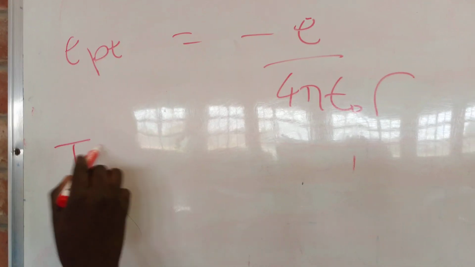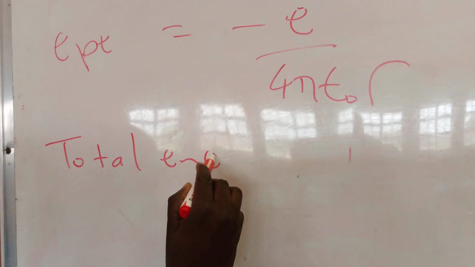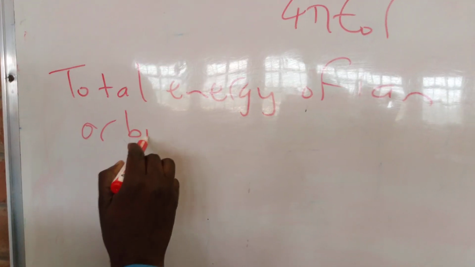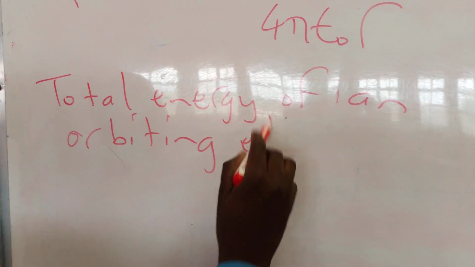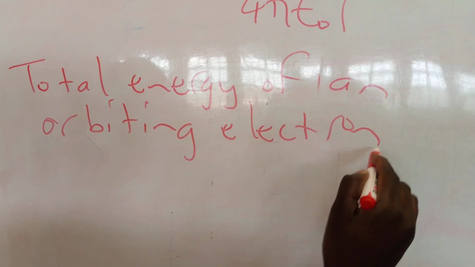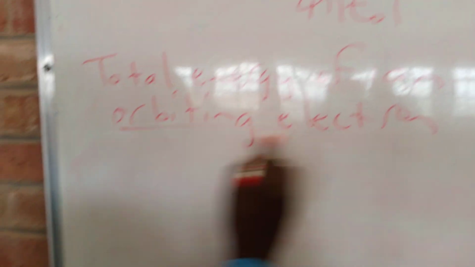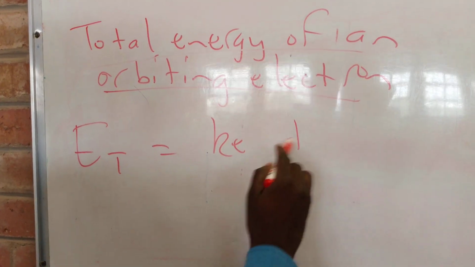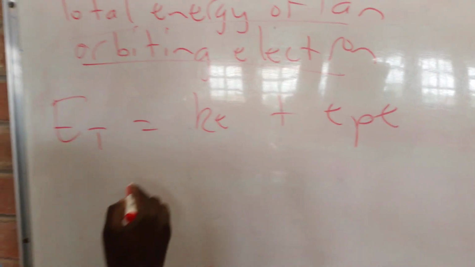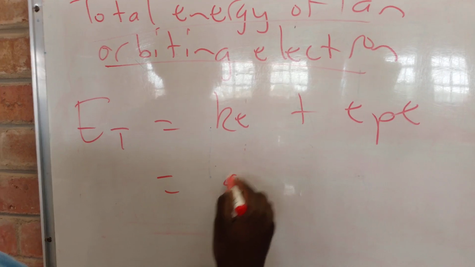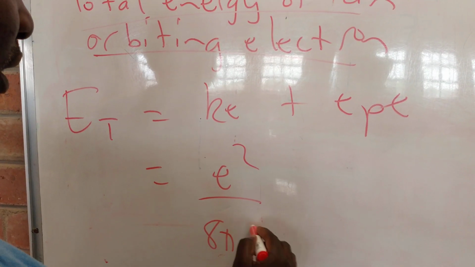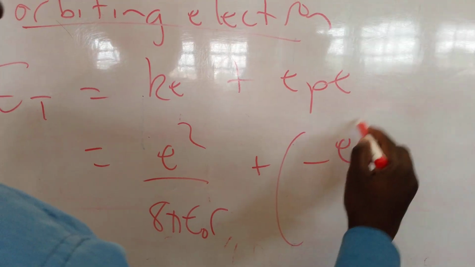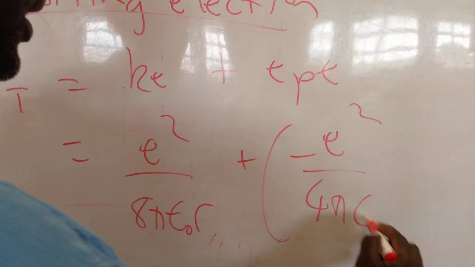So the total energy of an orbiting electron should also be considered. The total energy is equal to the kinetic energy plus the electrostatic potential energy, which is e squared over 8 pi epsilon naught r plus minus e squared over 4 pi epsilon naught r.